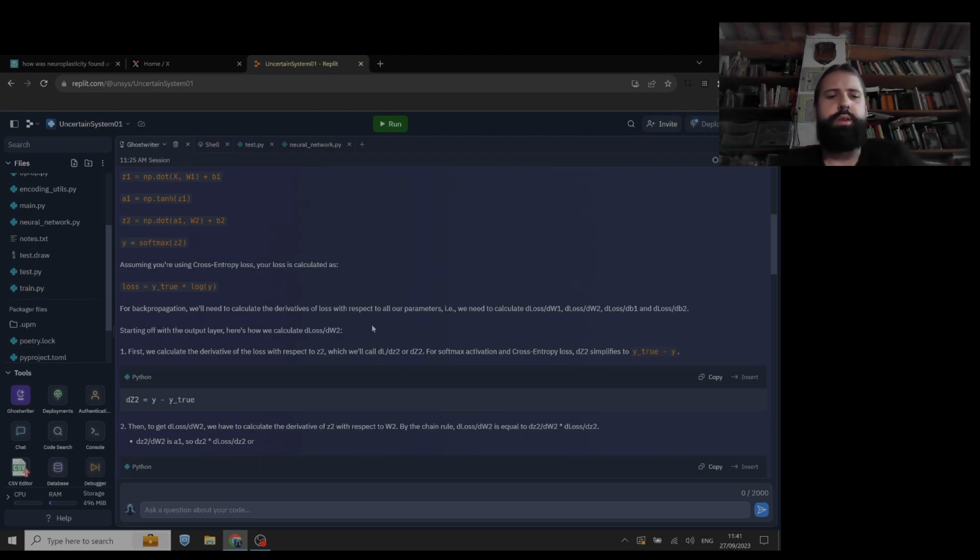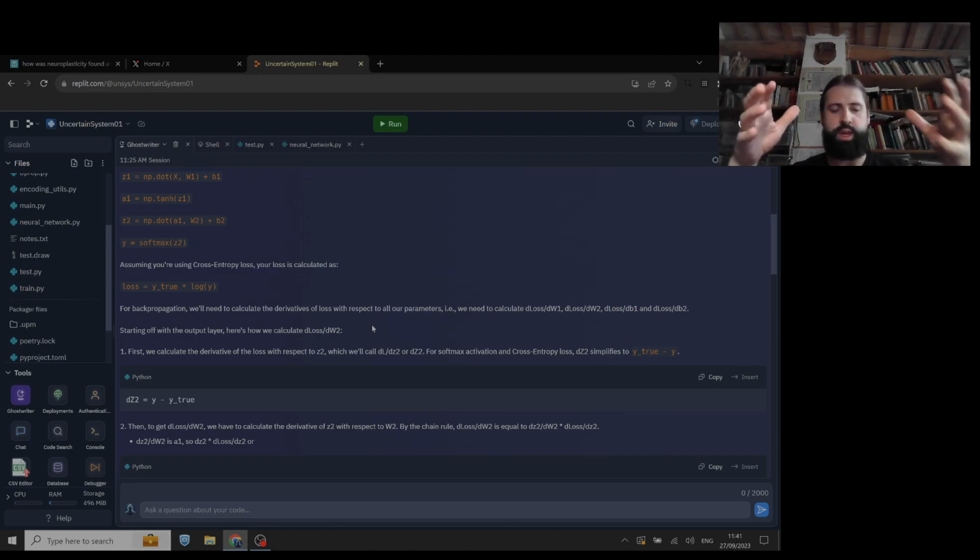Essentially what you're doing is you need to calculate the derivative of the loss with respect to Z2, right? You're trying to minimize the function. Z2 is kind of your parameter, because that's the input space for your loss function.